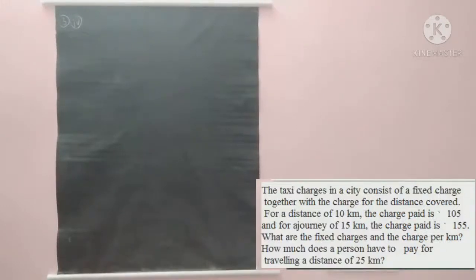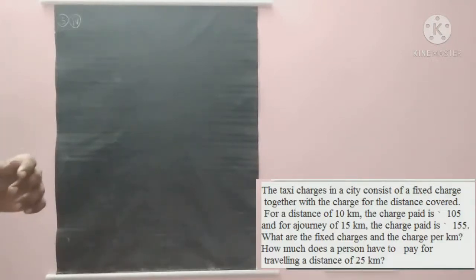So now clearly they said that in a taxi there will be a fixed charge, along with the charge for every kilometer. So if you want to pay the money, you need to pay for how many kilometers you travel, that money plus some fixed charge.